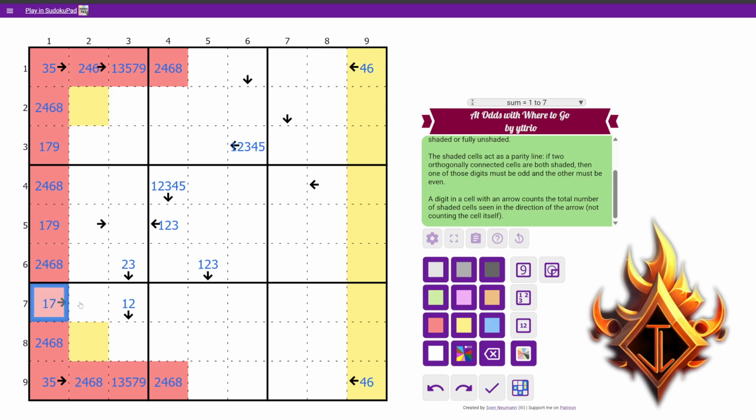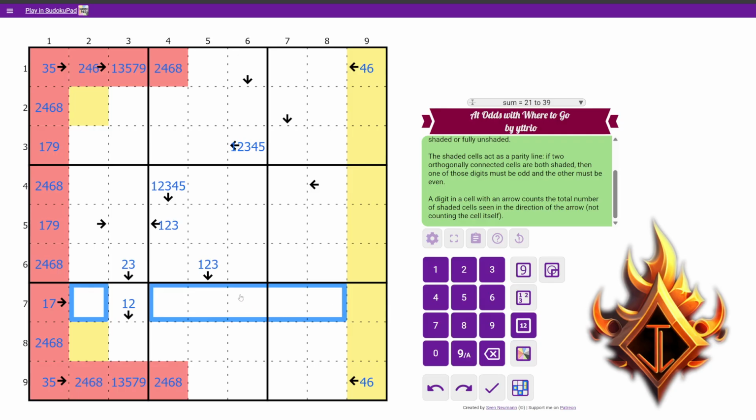So can that be 1? If it was, this is 2. And this would be 3. So it would make those red. So this one and all of these would be yellow.